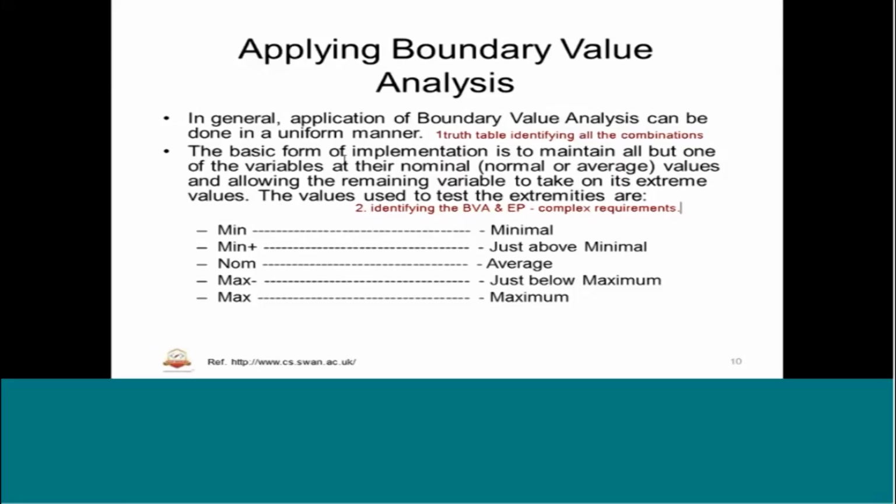The basic form of implementation is to maintain all but one of the variables at their nominal values and allowing the remaining variable to take on its extreme value. That means nominal, normal or average value first we have to select, then allowing the remaining variable to take extreme values. The values used to test the extremities are the below.